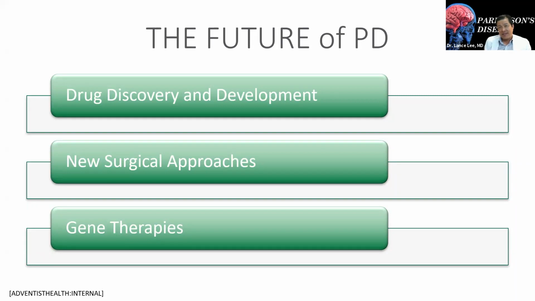The message that I want to give all of you is that Parkinson's disease is a condition that is very treatable. I don't think you should feel discouraged because there are a lot of good treatments available.